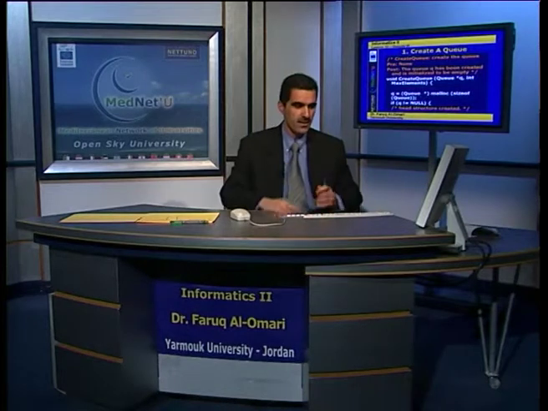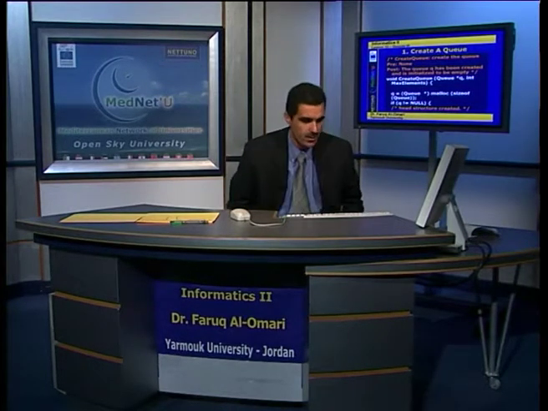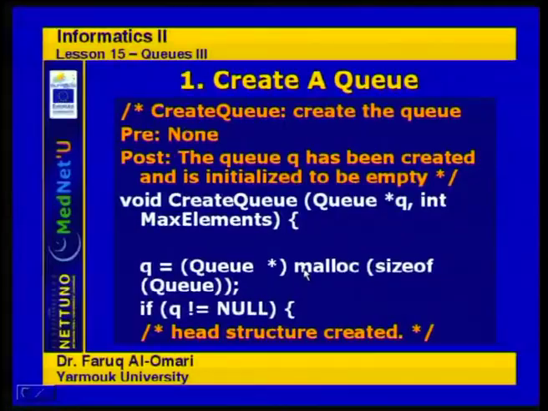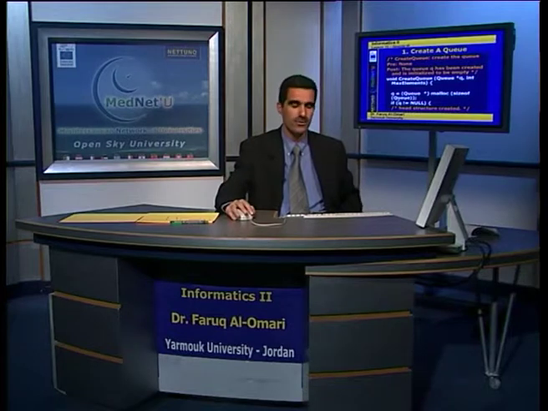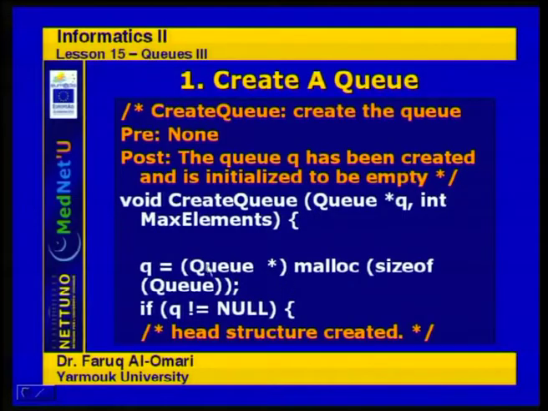So basically, I'm going to use this malloc sizeof queue to point to a structure called queue, the one we introduced in the previous page, and cast the return value instead of void to point to this kind of structure. Well, I don't know if this operation is going to be successful or not.